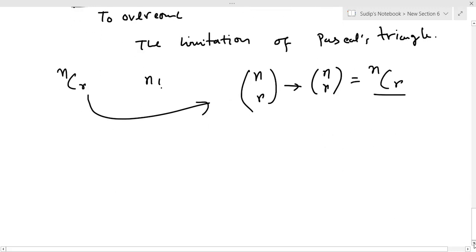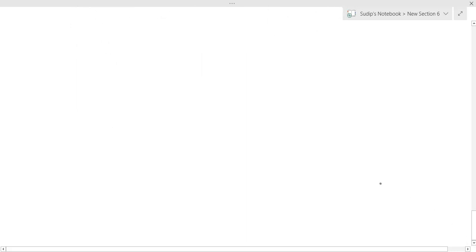Now we have to do one thing. If we write 0 choose 0, then we get nothing out of nothing. So we have only one option, that is nothing.